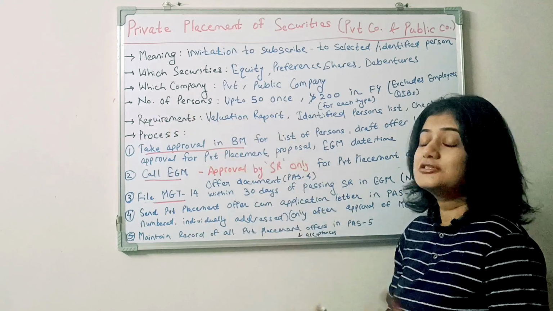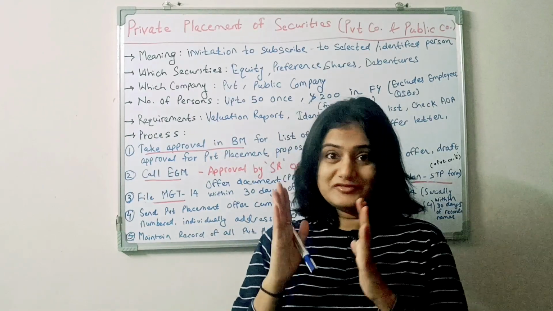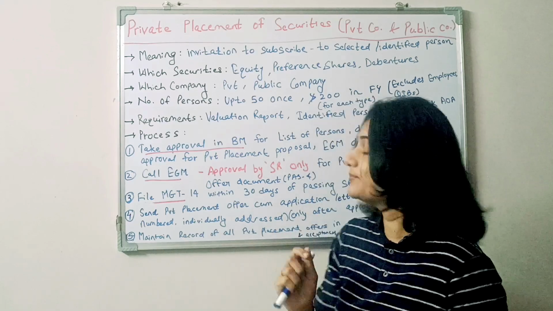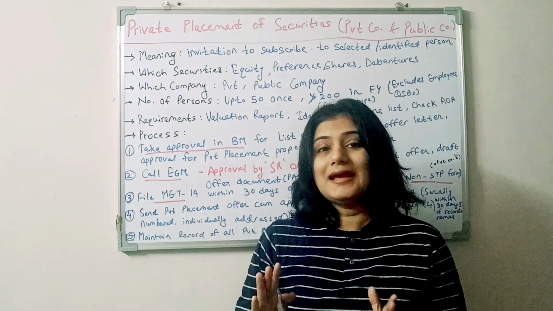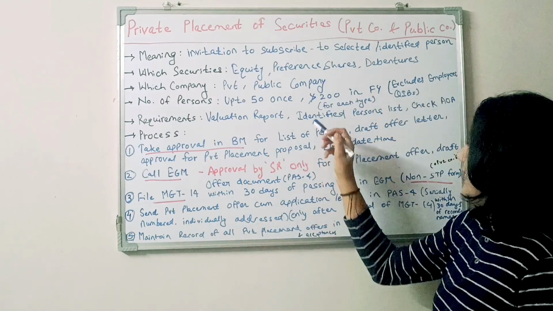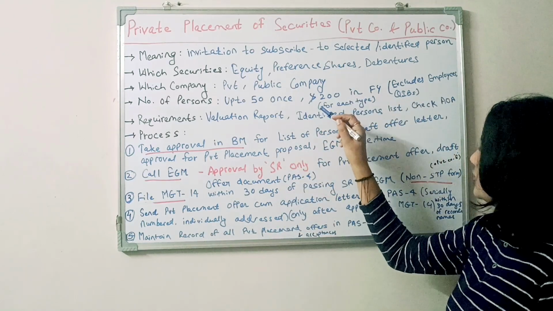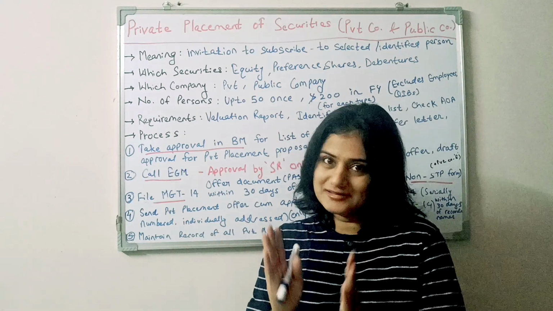Number of persons. So, a private placement offer can be made up to 50 persons at once, which excludes the employees of the company and qualified institutional buyers. And not more than 200 in the financial year.